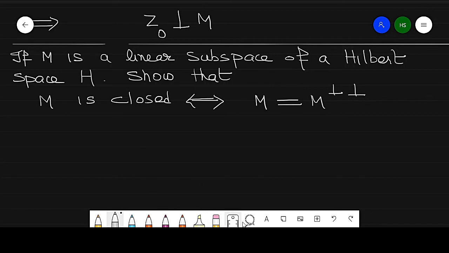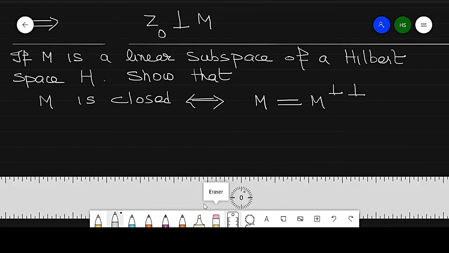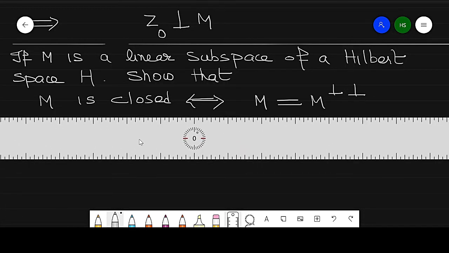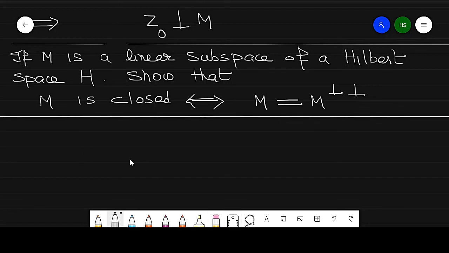So M is closed if M is equal to M orthogonal complement and then its orthogonal complement. So it is in two ways. If the given condition is right, then M is closed. If M is closed, then this given condition is right.